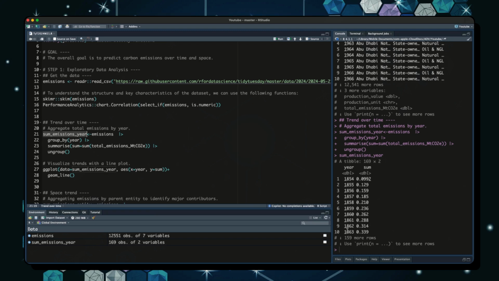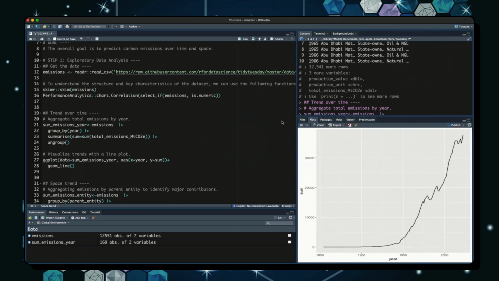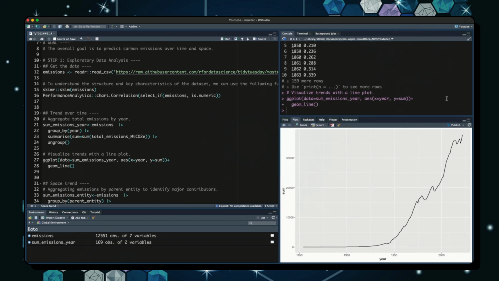One column for the year, so a table of 169 rows, and the sum of the total emission. To do this, we can just do a simple line plot, because the goal here is not to have a sophisticated graph, it's just to validate our understanding of the data. So here I want to see what kind of trend I have over time.